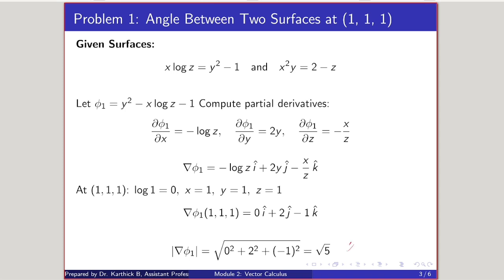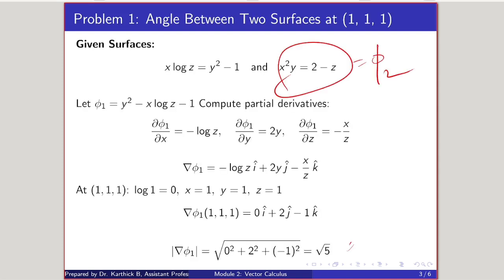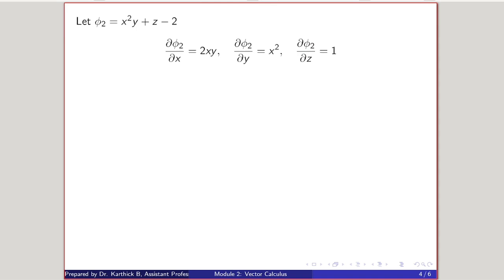Now we will do the same procedure for the other surface, pi 2. Let me take this to that side and consider it as pi 2. We will find the gradient pi 2.